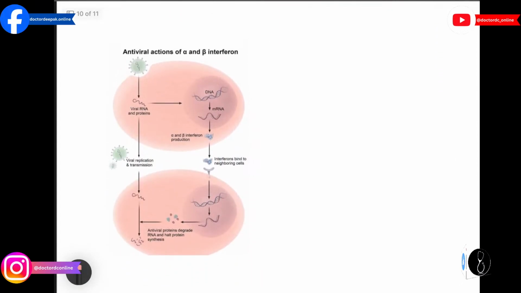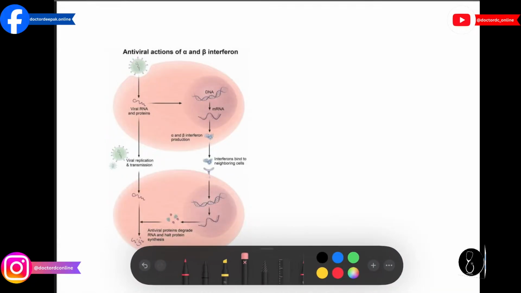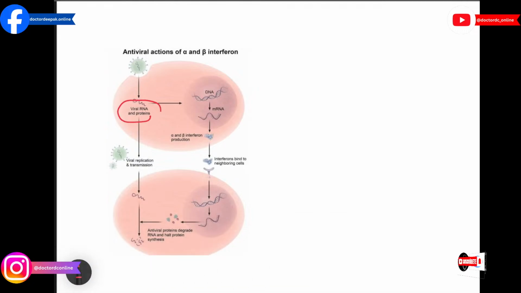I also want to show you a diagram of the antiviral actions of interferons. The viral RNA and the proteins will rapidly transmit to the neighboring cells. But what will happen?